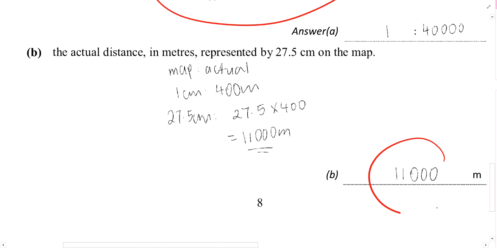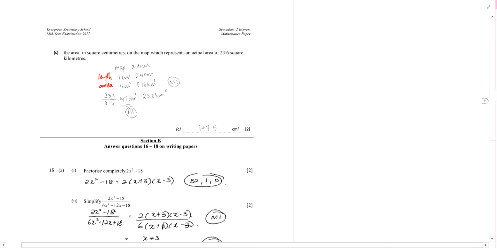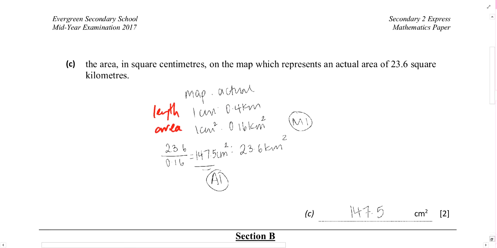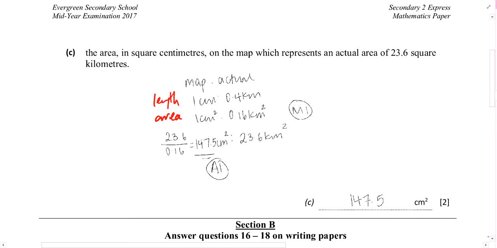Okay, next one, part B, 11,000 meters. I believe there will be a question on ratio of area. Yeah, here it is. Here we have the ratio of area. Same thing, I want you to write down map, actual, length, area.